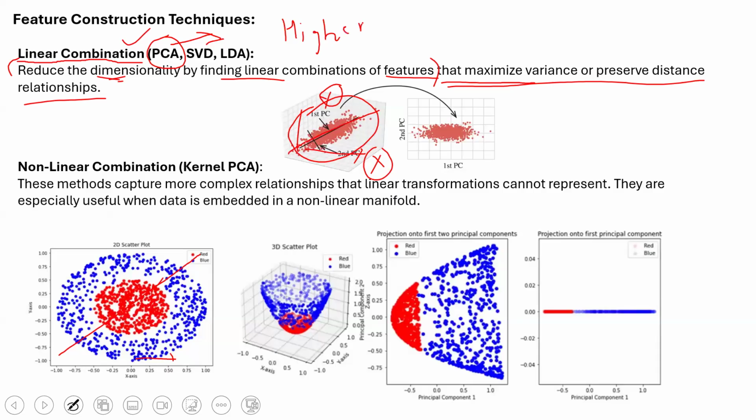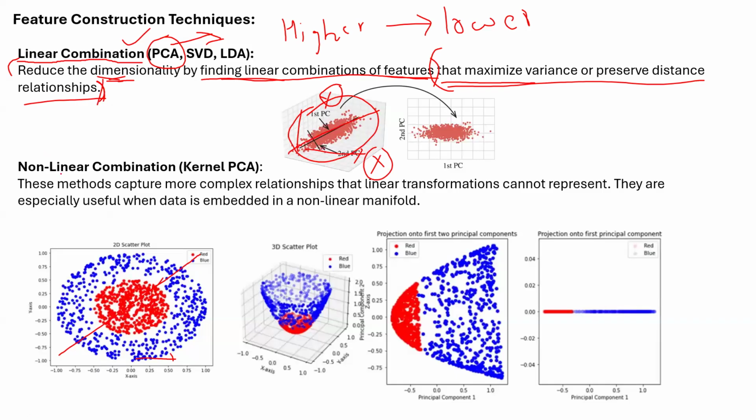That is a technique which we will see today. PCA will find new dimensions, which are linear combinations of the original features or dimensions, and those dimensions will maximize variance or preserve distance relationship. We will get to know that when you actually learn PCA.